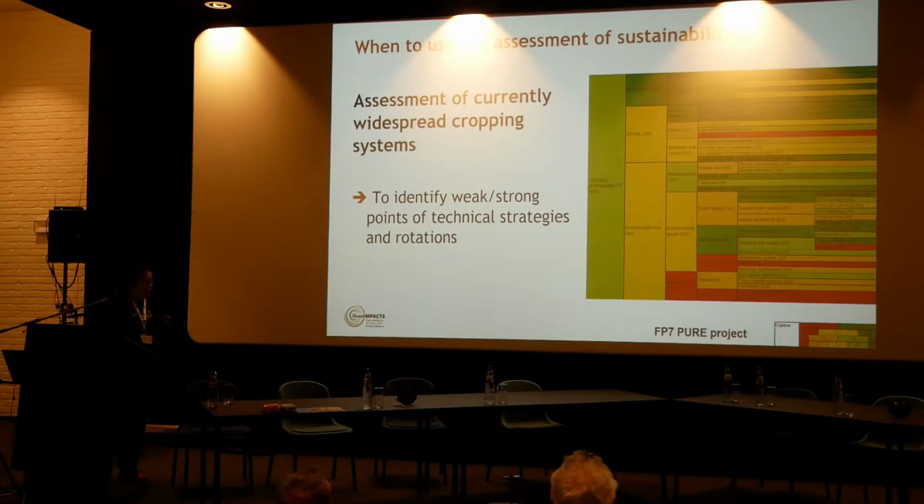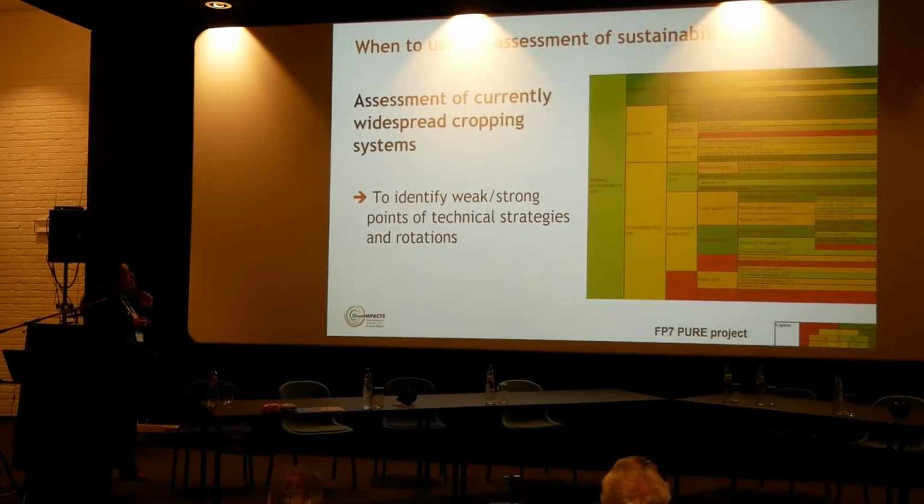One example for evaluating at cropping system scale. If you know me, you know this type of dashboard. On the left you will have the evaluation of the global sustainability of an existing cropping system.